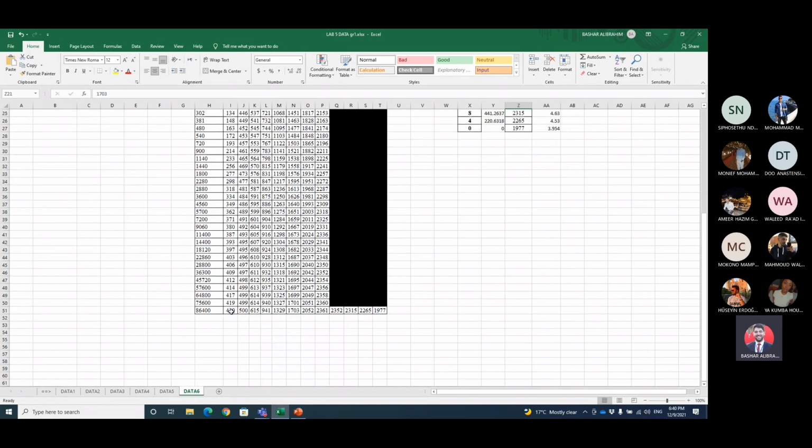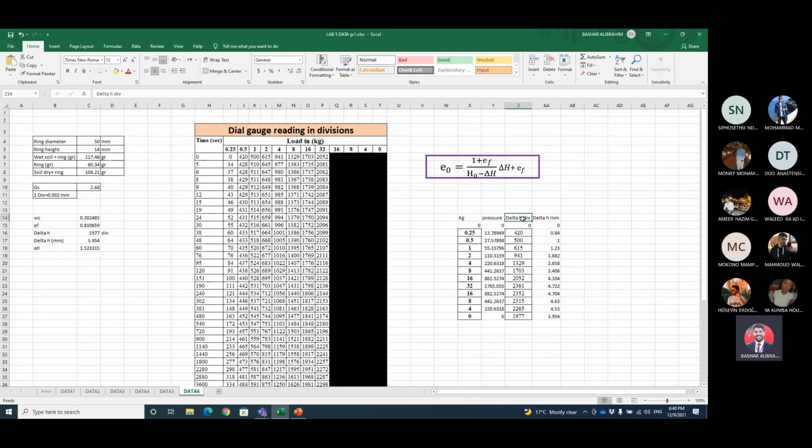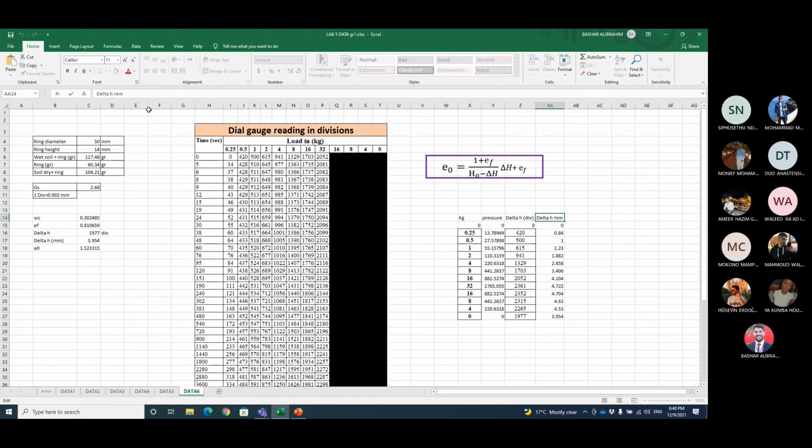It is what we read from the dial gauge. So the dial gauge gave us division, but we want millimeter. So when we want to make it millimeter, like here, we multiply with 0.002. Because look here, the conversion factor, every one division is 0.002 millimeter, okay? Okay. Thank you.